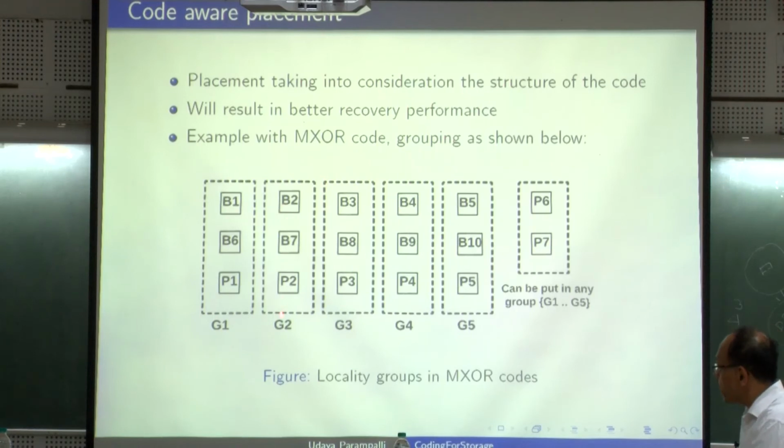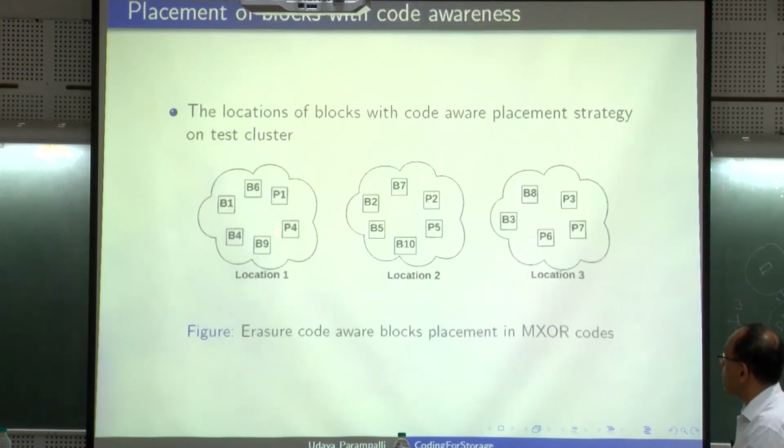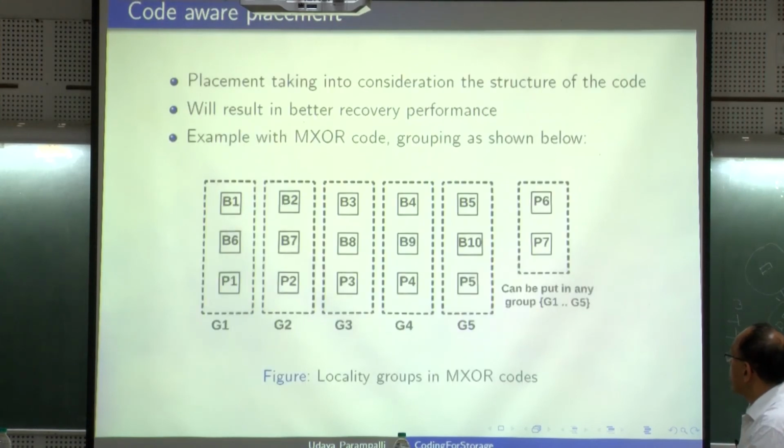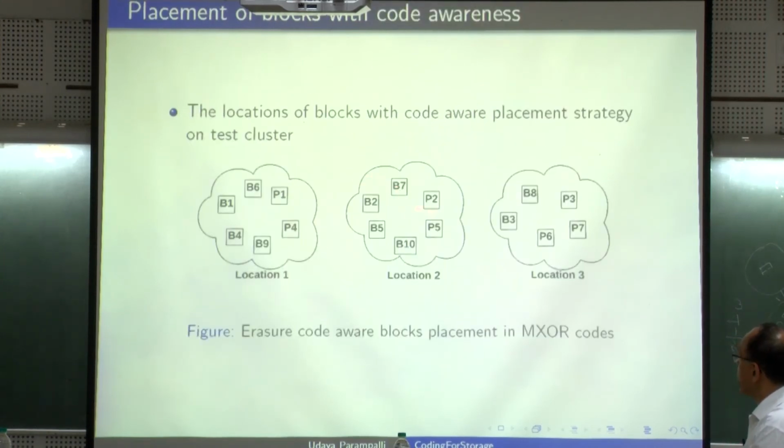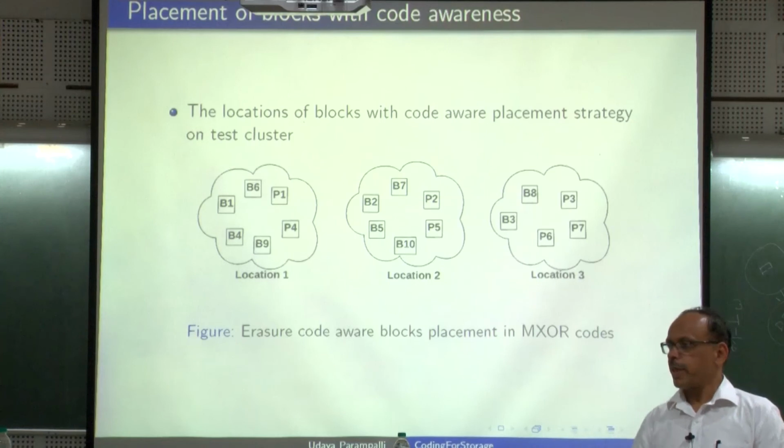Then B2, B7, P2 together, and B5, B10 as well. So you can put them in the location state. This is one simple location, but you may have availability of more nodes in a particular location. You may throw some of them, but whenever you do, you put the same group.